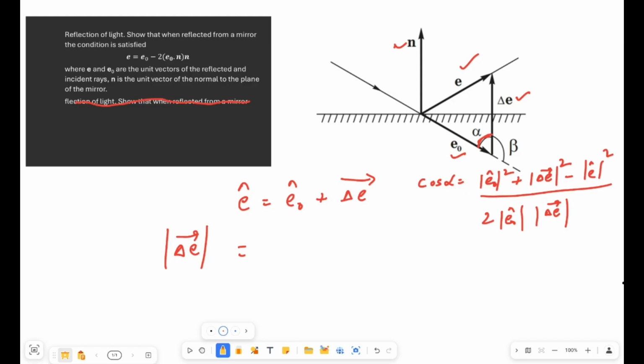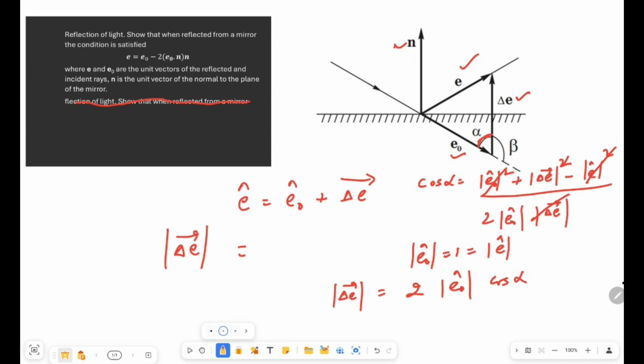I can always write that the magnitude of E naught vector is 1, and so is the magnitude of vector E. So if I complete all those things, this will get cancelled out, and this square will cancel out from this, and that means you can see here the magnitude of delta E vector is twice the magnitude of E naught vector, that is unity, multiplied by cos alpha.